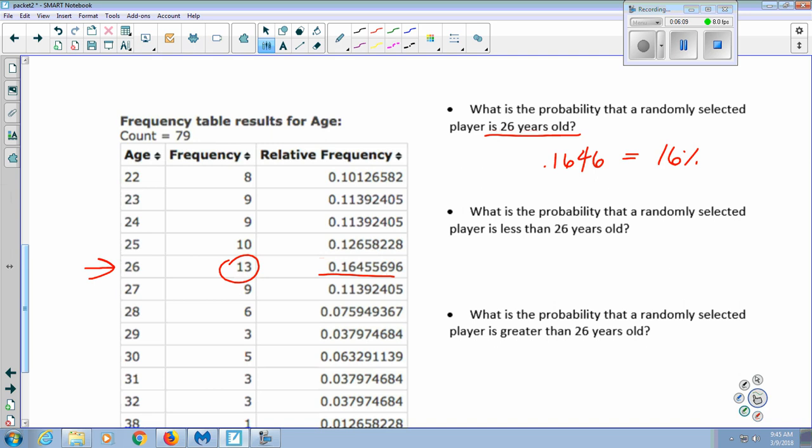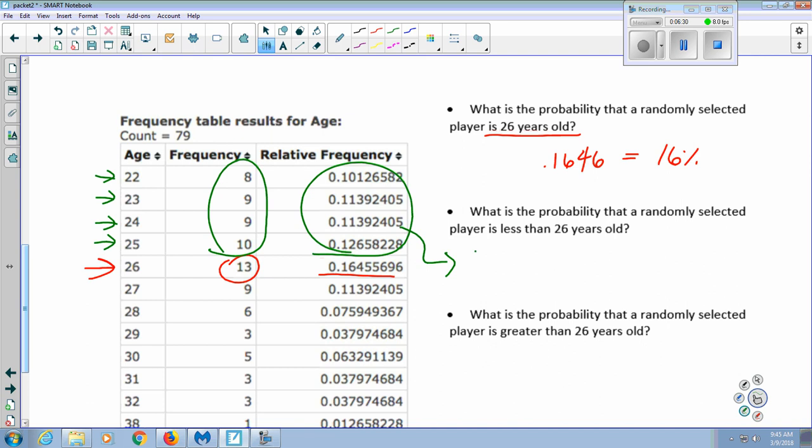What is the probability that a randomly selected player is less than 26 years old? Less than, we're talking about 25, 24, 23, 22. In other words, we'd have to sum up all of these players and divide by 79, or the same idea would just be to sum up these relative frequencies.